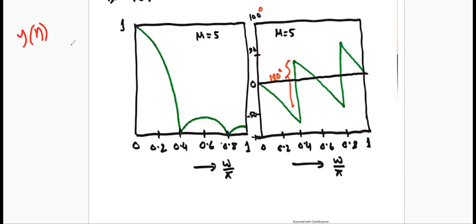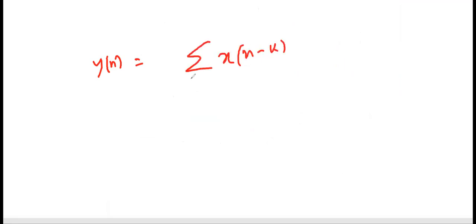The system definition was like this: y[n] equals the sum of x[n-k], where k equals 0 to M minus 1, and averaging. So that was the system definition.